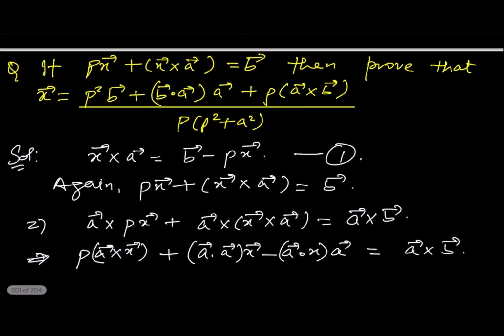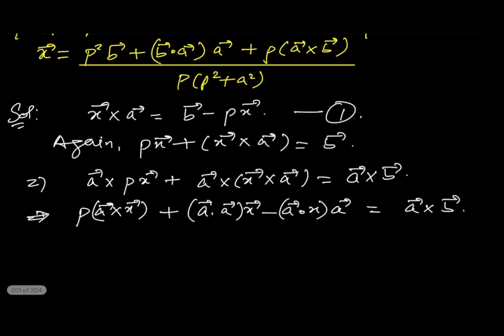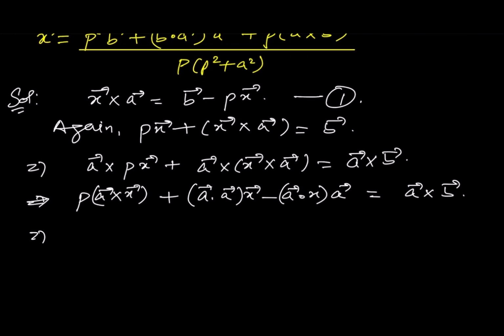Now this A cross x, from 1 we can say, is p x vector minus B vector, because in 1 it is written x cross A, but we need to write A cross x, so minus will be taken out, plus this A dot A is nothing but mod A square times x vector minus A dot x. Okay, so we need to find this A dot x also.